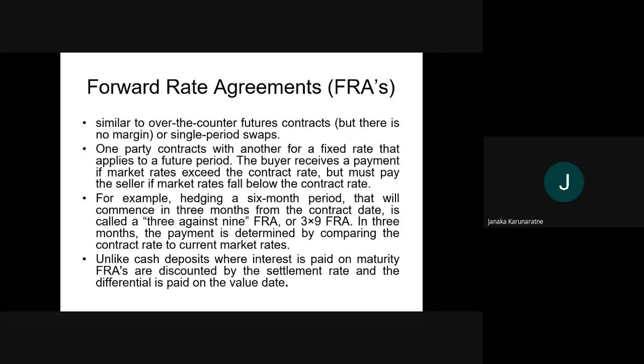So basically, a forward rate agreement is a very short-term instrument. You agree on a price, the interest rate today, applying for a future period. Depending on the FRA maturity and the FRA period, you can call it an M by N FRA.